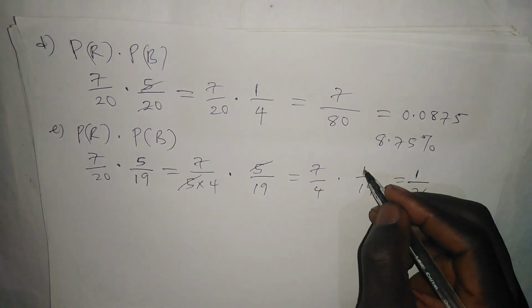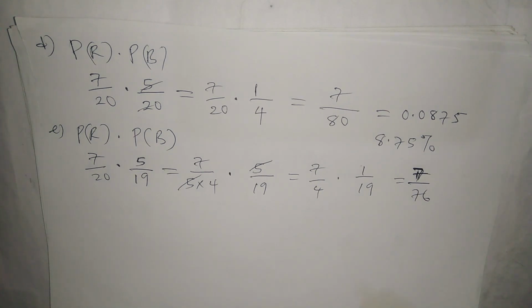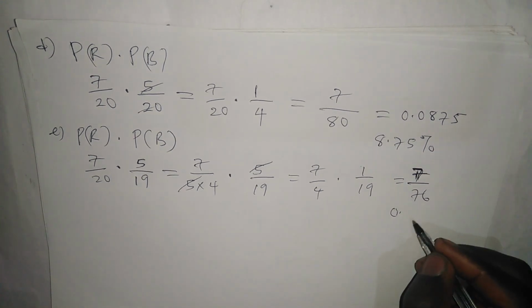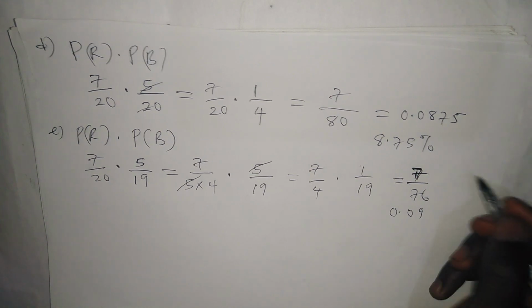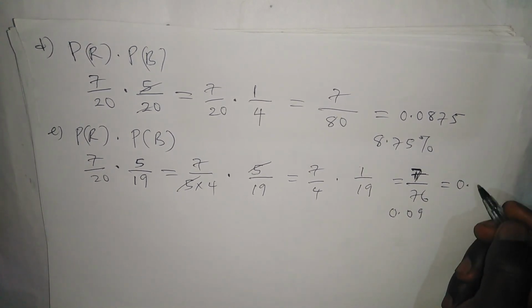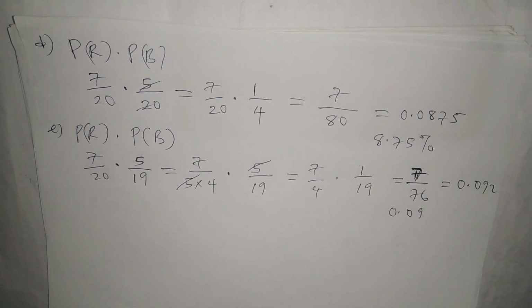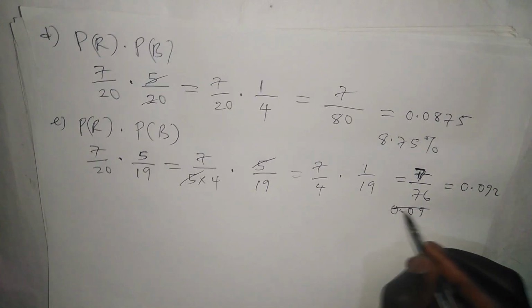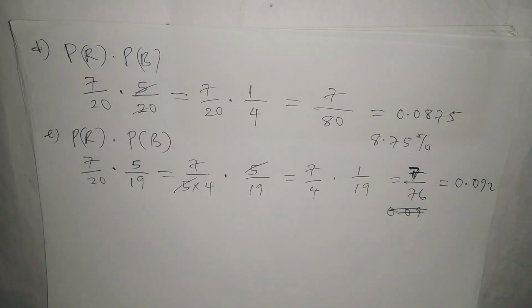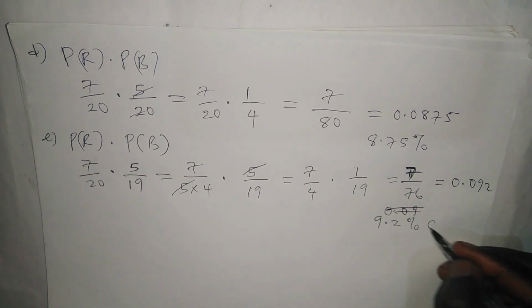Sorry, this is 7, not 1. 7 divided by 76 is equal to 0.092. Right? So when you multiply this by 100, there's a 9.2% chance of selecting a red then blue marble without replacement.